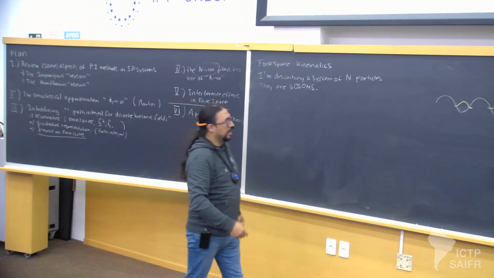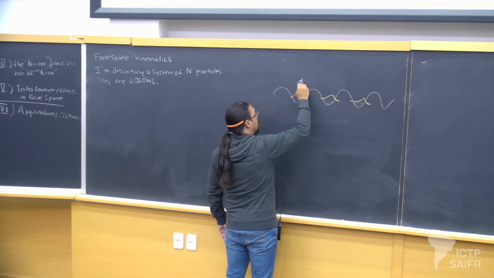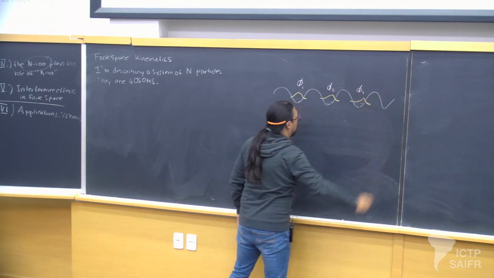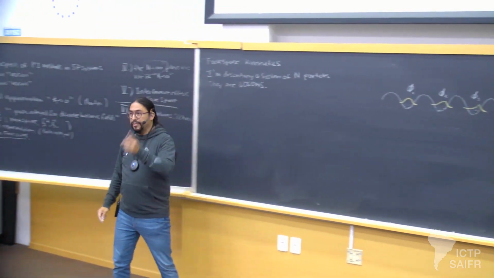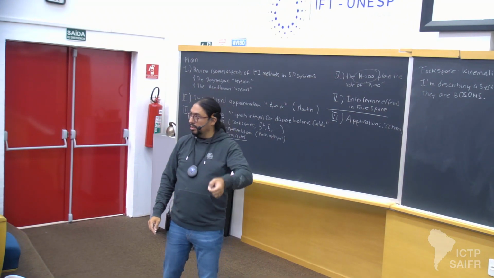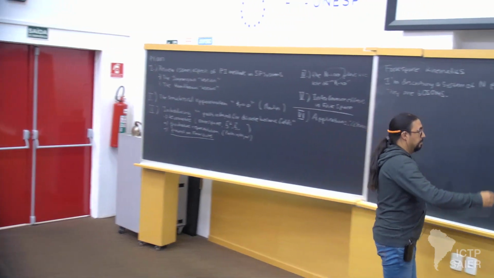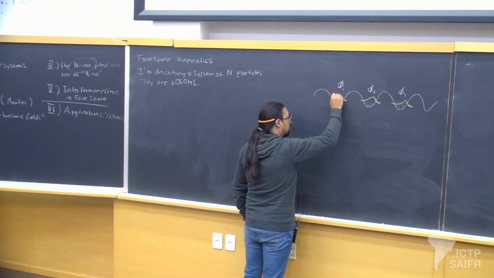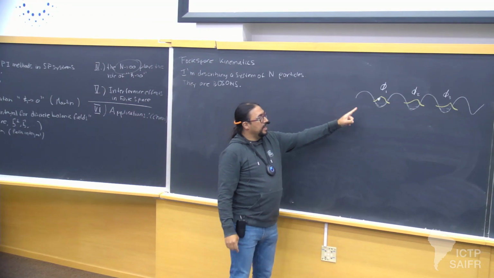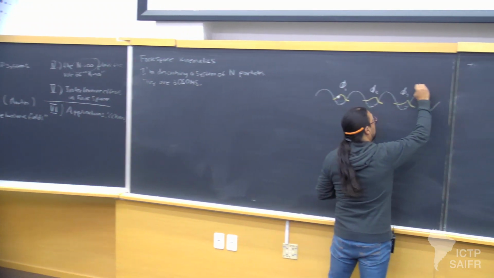I will neglect them. Now, I will call these phi1, phi2, phi3, and so on. These phis refer to quantum mechanical states of the single particle problem. Now I can put one particle there. And these are called orbitals, by the way.